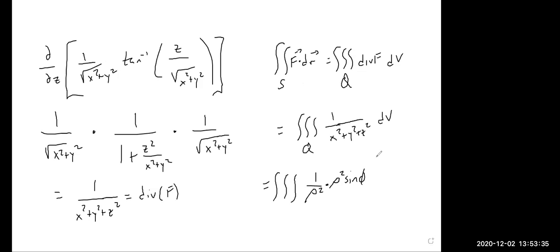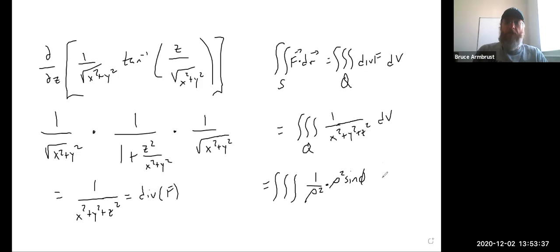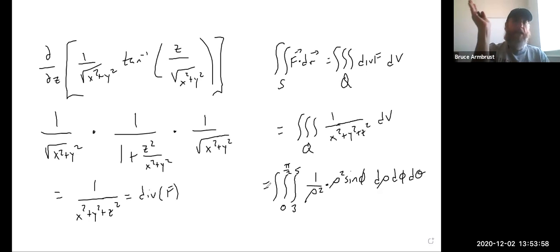Okay. And then we're going to have d rho, d phi, d theta, let's just say. We'll go in that order. So the rho is going to go from 3 to 5. The phis are going to go from 0 to pi over 2. Because again, remember that's from the positive z-axis rotating down.